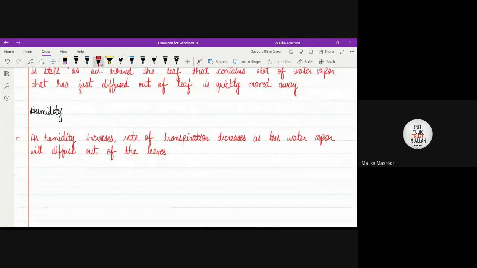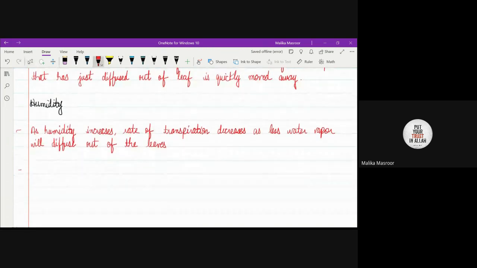Now this is a condition in which temperature is high, it's windy, and air is very dry.